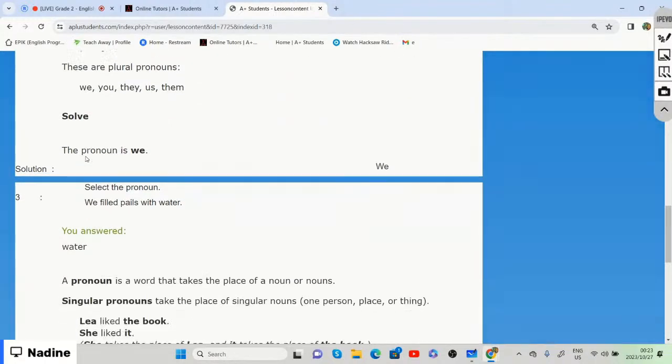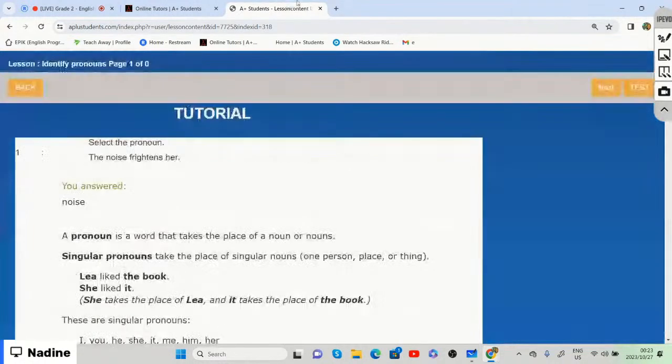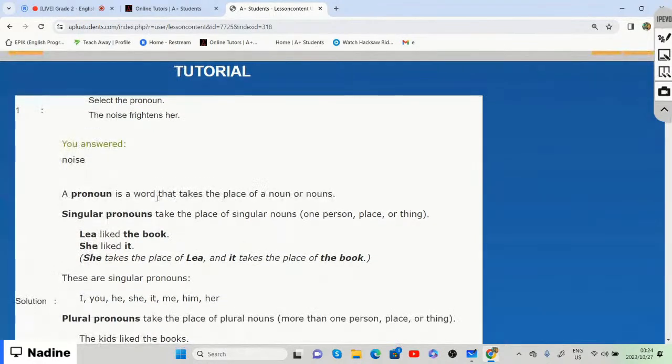All right, so now we're going to our test. We need to select the pronoun within that sentence. The noise frightens me.